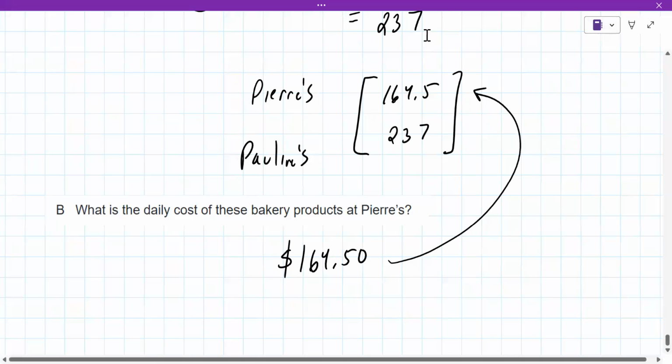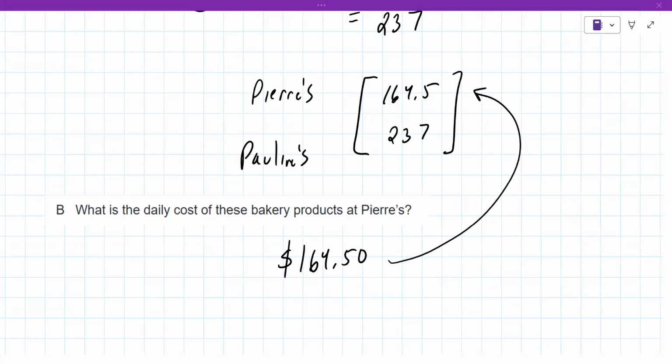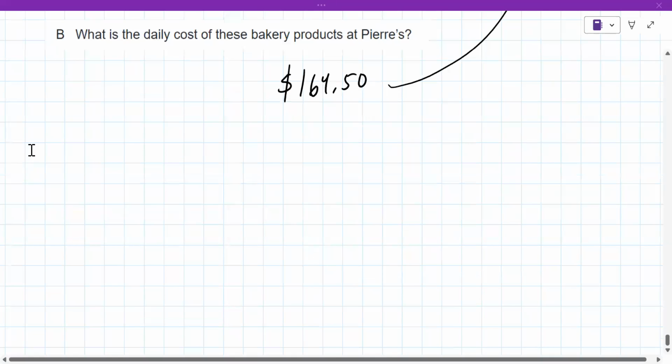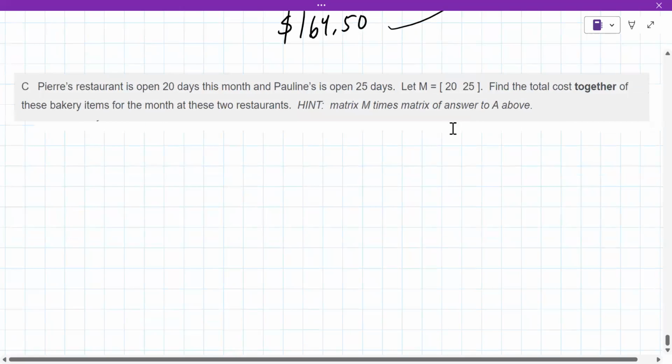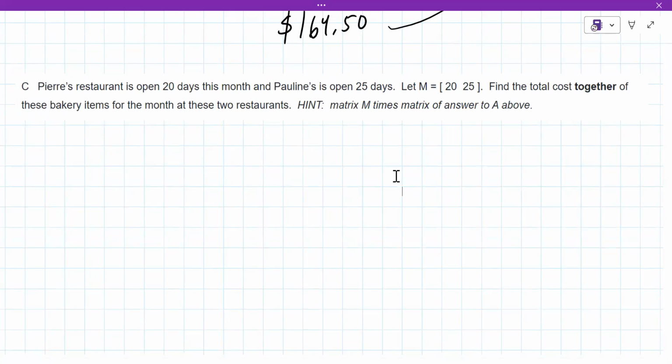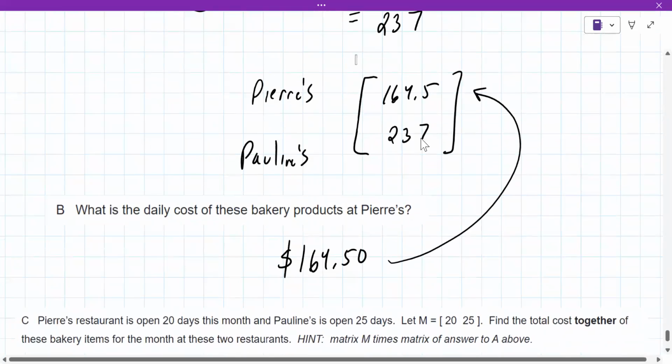All right. And then from here, we can do part C. It says Pierre's is open 20 days a month, and Pauline's is open 25 days a month. Find the total cost together of these bakery items for the month at the 2 restaurants. The hint: take matrix M, 20, 25, and multiply it by the answer from above.